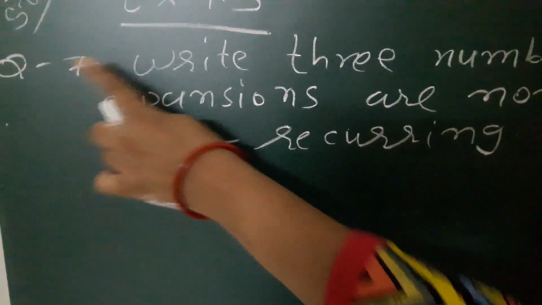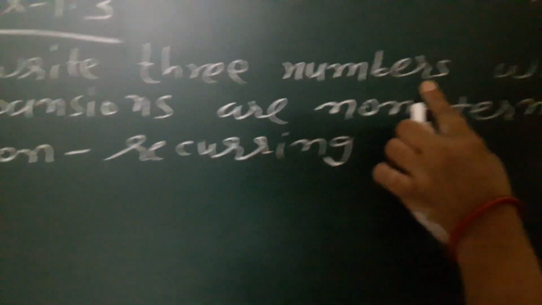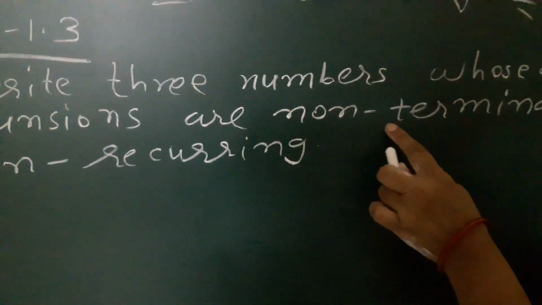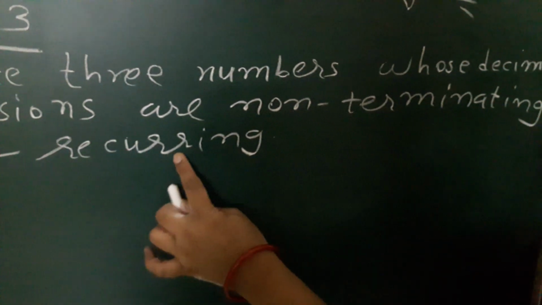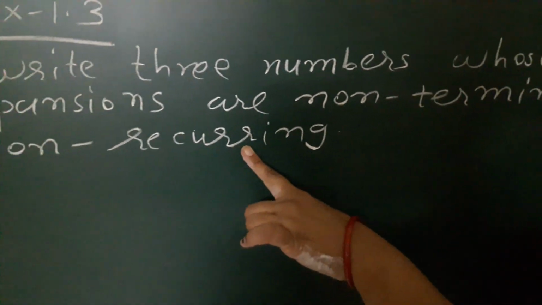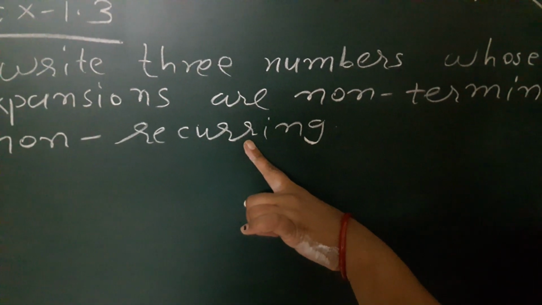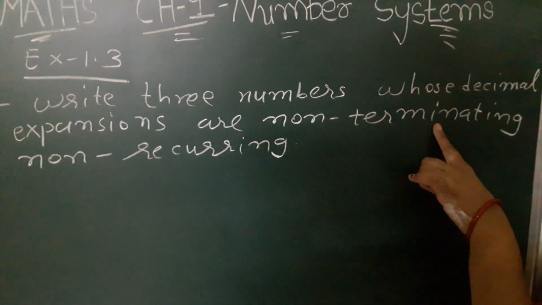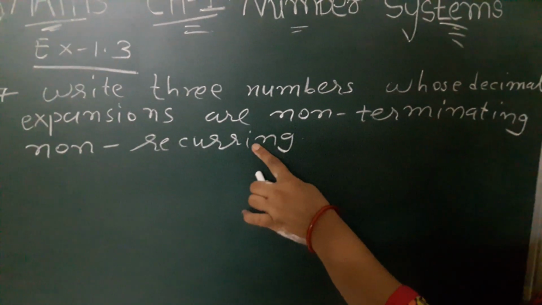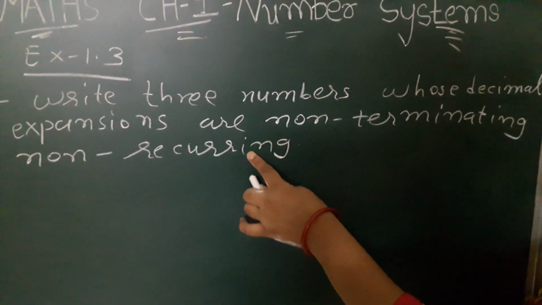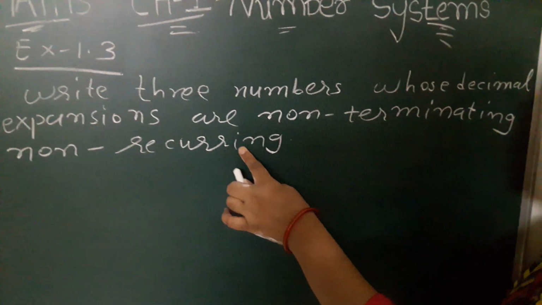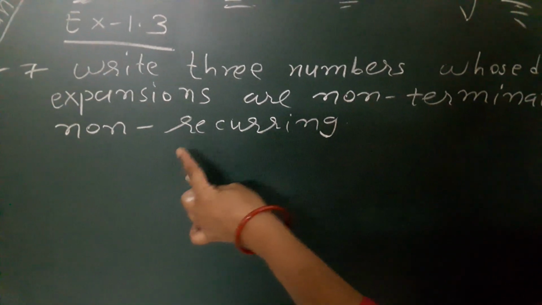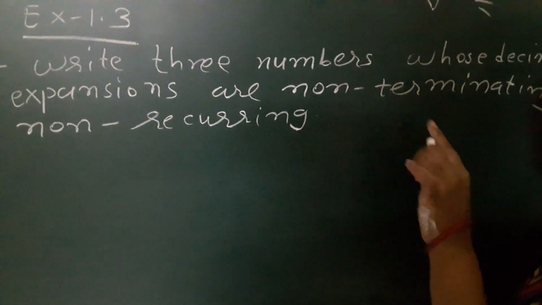Now question number 7. Write 3 numbers whose decimal expansions are non-terminating, non-recurring. Now we know that if a decimal expansion is non-terminating, non-recurring, then the number is an irrational number, because a rational number is either terminating or non-terminating recurring.